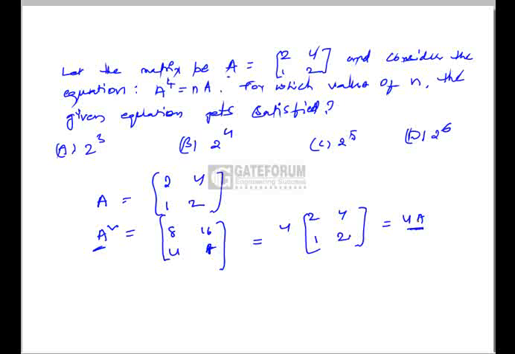We have to find A power 4. So here A power 4 is equal to A square into A square, whole square. This is nothing but (4A) whole square. This is nothing but 16 into A square.